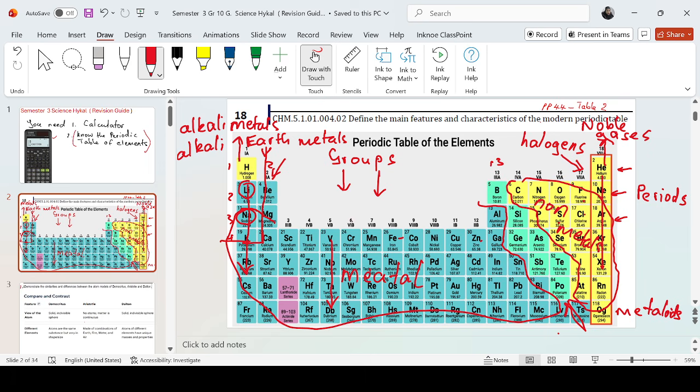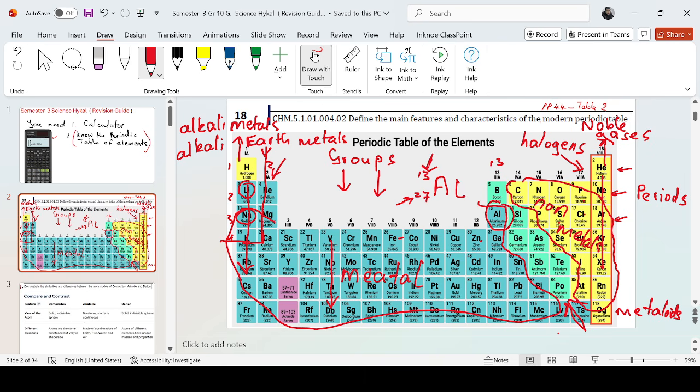Now, let's take an element like aluminium. They write it as Al. On top, you can see there is 13. Down, you have 27. The number on top is the atomic number. Down is the atomic mass or mass number.